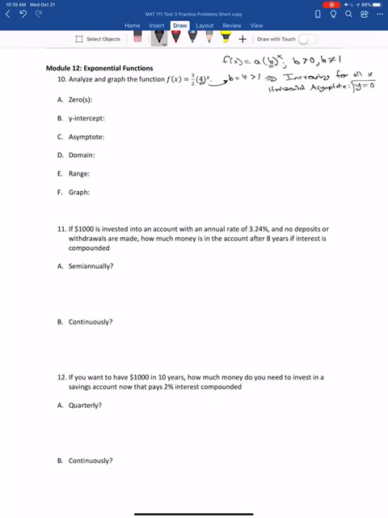Our exponential models of the form a times b to the x power, whether the b value is greater than 0 and less than 1, which are decreasing for all x, or like this case where it's greater than 1 and increasing for all x, it's still going to flatten out at the x-axis, which means we don't have any zeros.